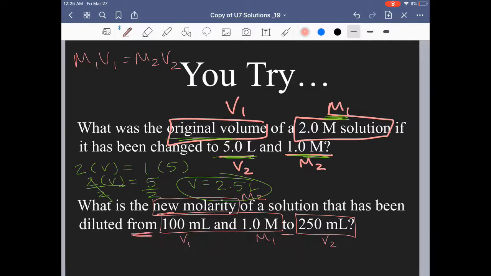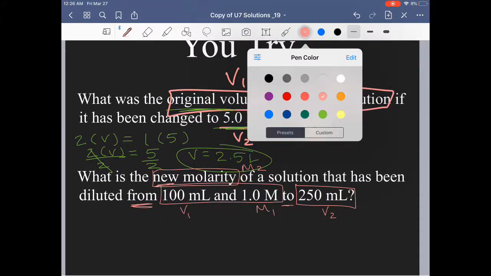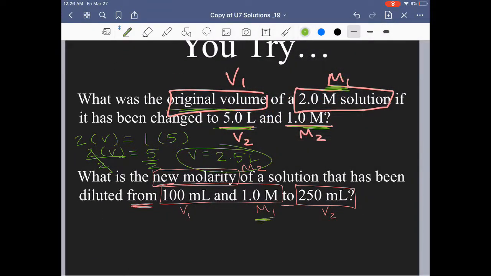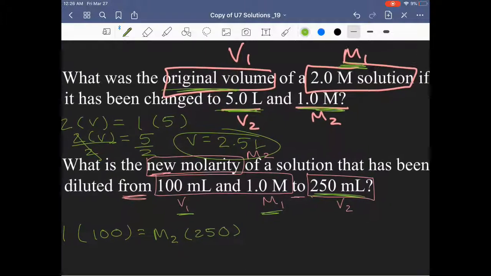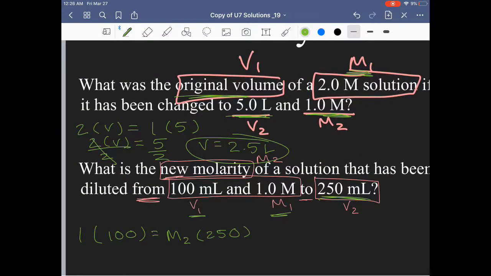So going back, we know our equation up here at the top. We're going to plug that in. I have an M1 value here of 1 times V1 of 100, which equals my M2 that I'm trying to find times my V2 of 250. All right, and so then I'm going to simplify 1 times 100.